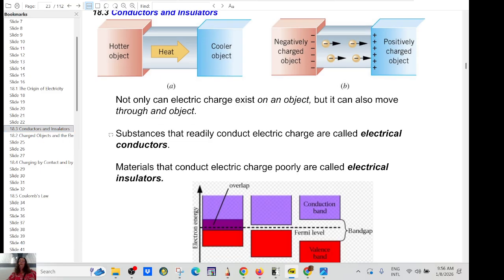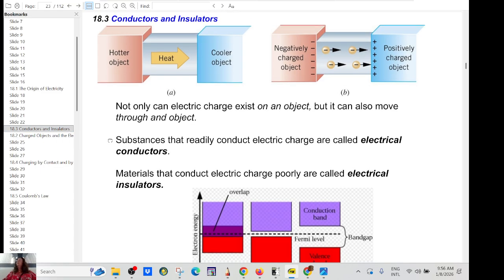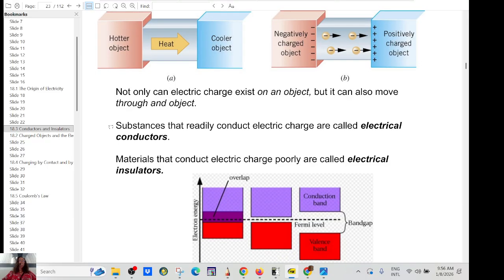So you have conductors and insulators. We already talked about that. The same way that heat goes from warm to cool, the electrons that make up the electric current go from high potential to low potential. Anything in nature wants to go from high energy level to low energy level.